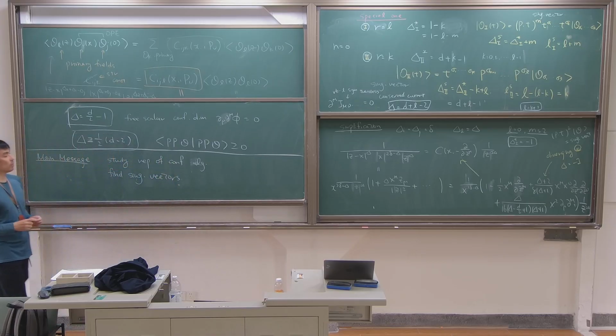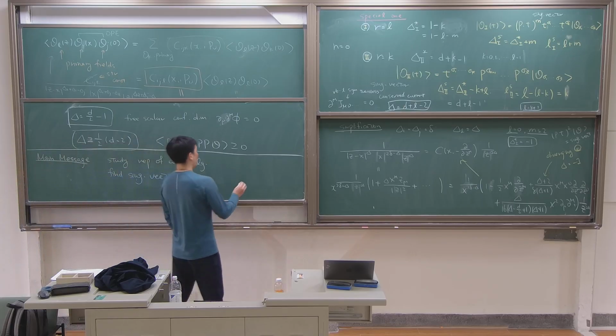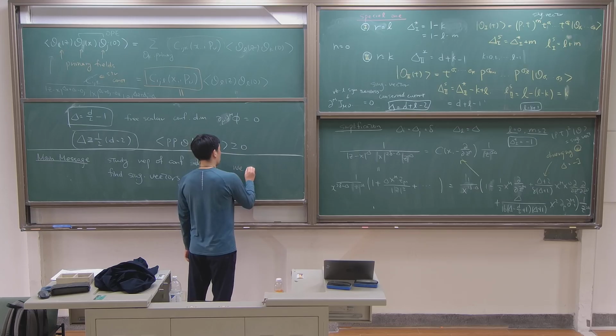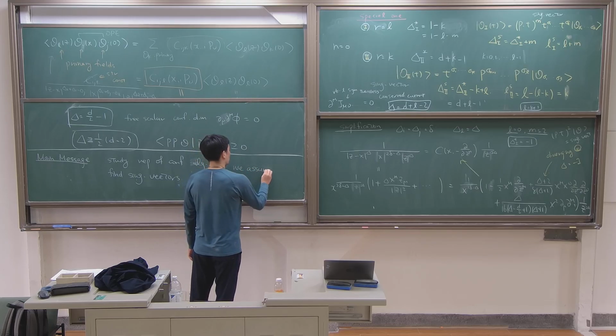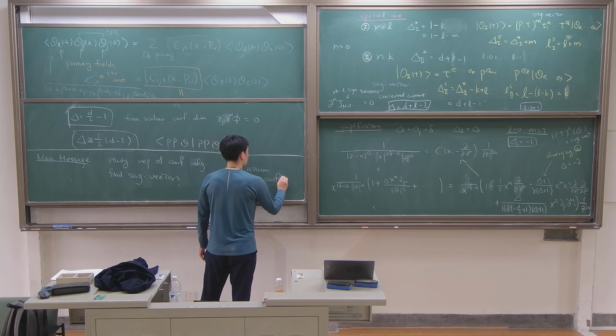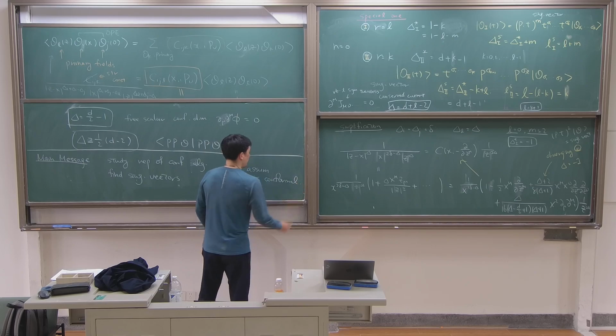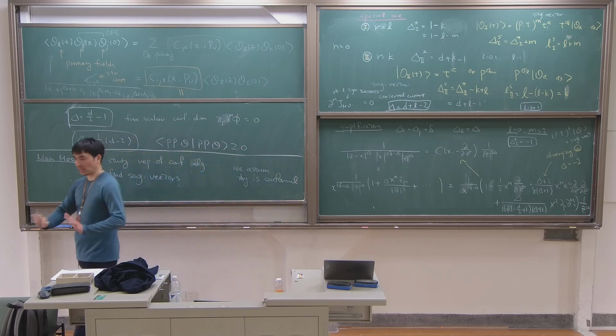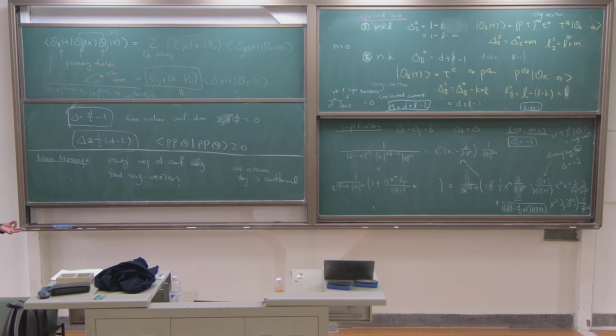Here we only assume the theory is conformal. And we don't use any Lagrangian. We don't use anything. We just have a conformal algebra.